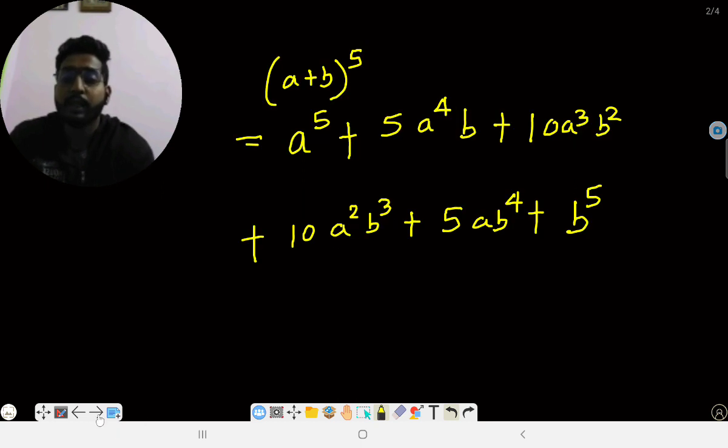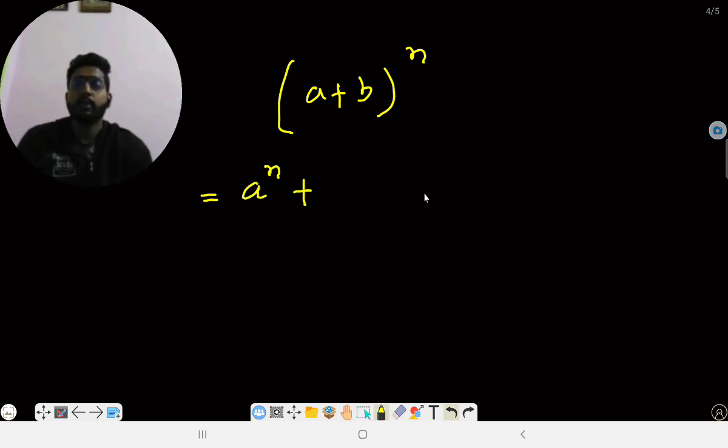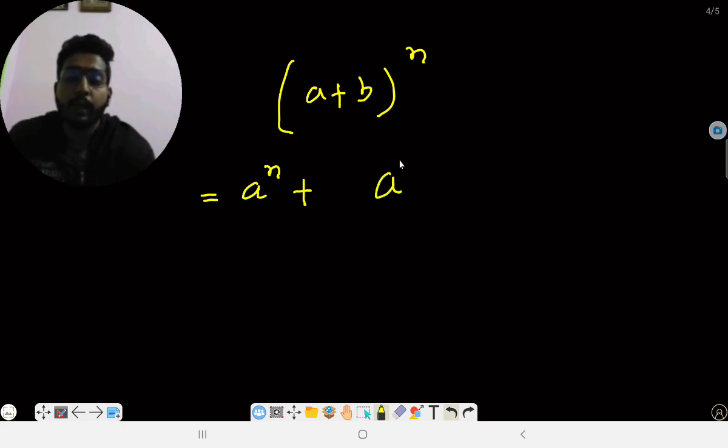So what will be the general expansion here? If I expand a plus b whole to the power n, what will be the formula? So what will be the first term? A to the power n plus, now for the next term the power of a will be decreasing, that means it will become a to the power n minus 1, and the power of b will be increasing, that means b to the power 1.